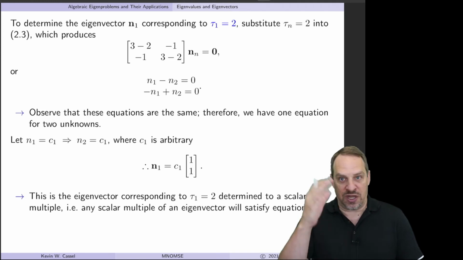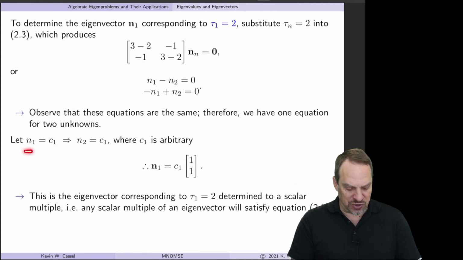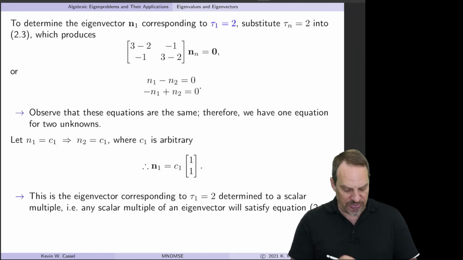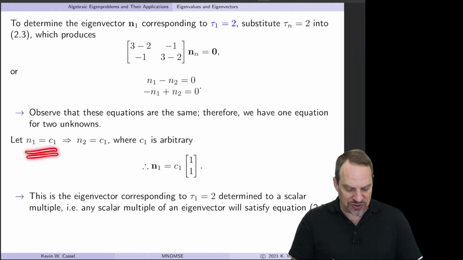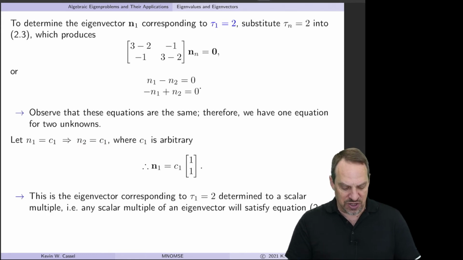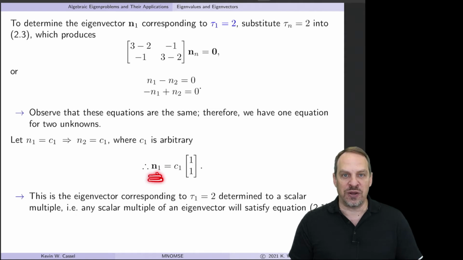I can arbitrarily pick which one. So I'm going to pick n1, and I'm just going to say it's equal to c1. I can make it whatever I want. If n1 is c1, then from our equation n2 also has to be c1. They have to be the same so that when you subtract them, you get 0. So I can write my first eigenvector n1, corresponding to the eigenvalue 2, as a constant c1 times the vector 1, 1.